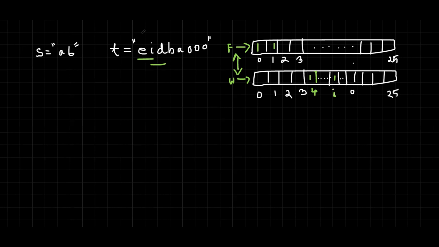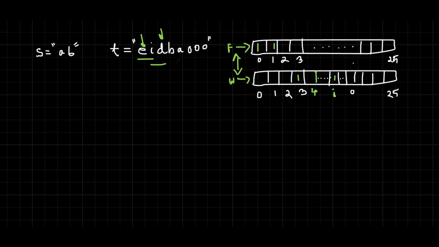Now we have to reduce the frequency of E and add the frequency of D into our corresponding window. So at first we reduce the frequency of E here, and we add the frequency of D by 1. Okay, now again, these two arrays are not equal.